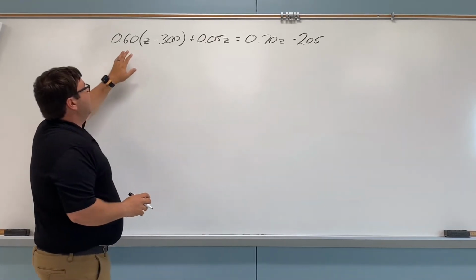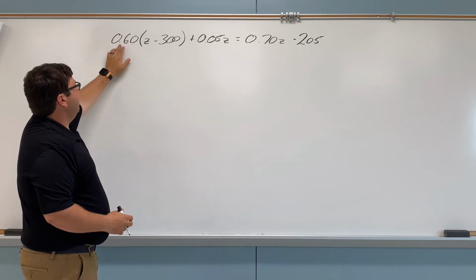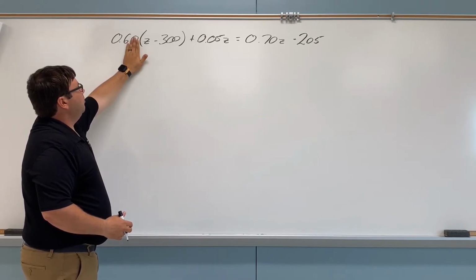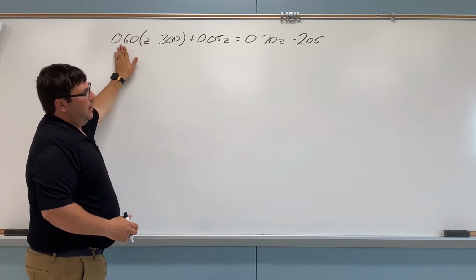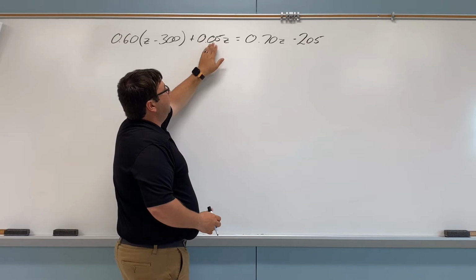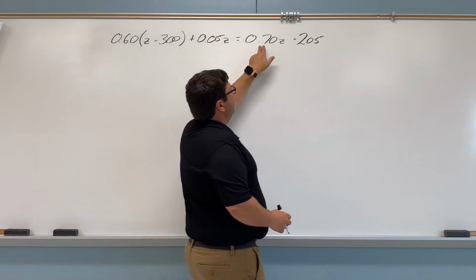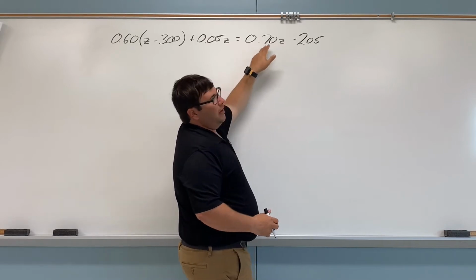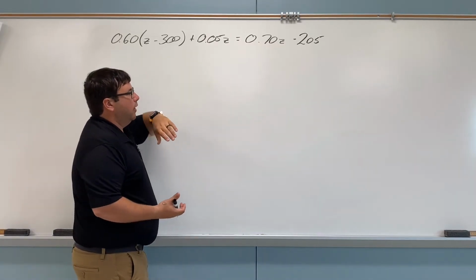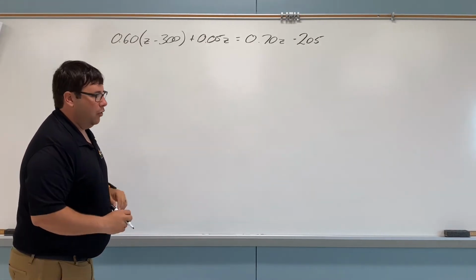What I need to do is identify how many decimal places I need to clear. In this case, 0.60 is really like a 0.6. That's really only one decimal place. Here, 0.05, that's definitely two decimal places. And here, 0.70 is, again, just one decimal place, because that 0 at the end would fall off. So in total, I need to clear two decimal places throughout my equation.